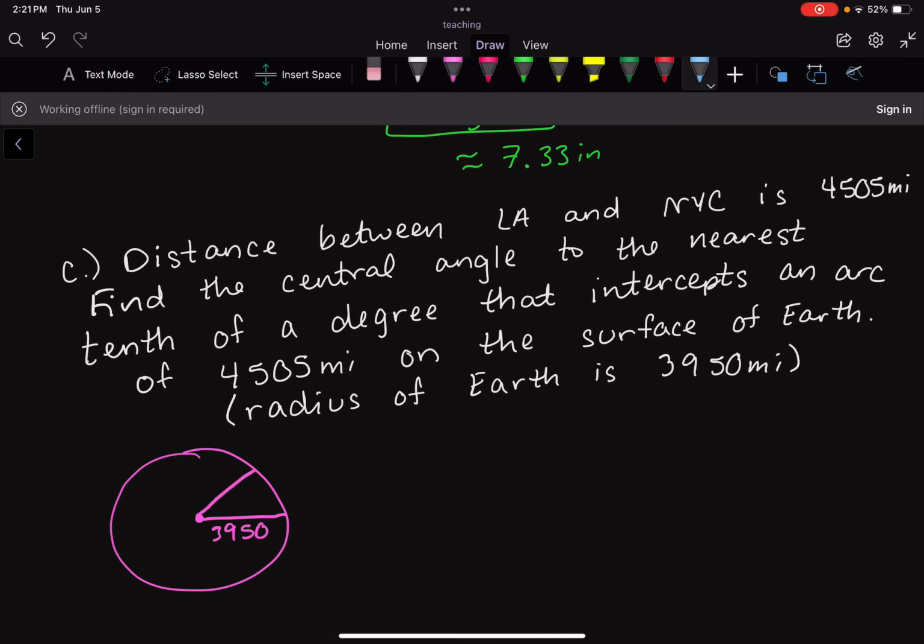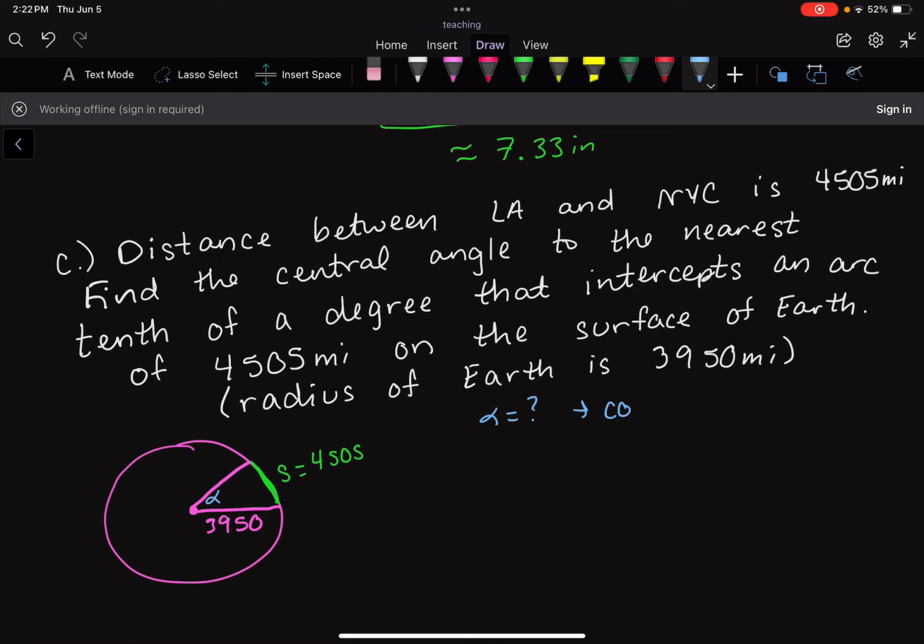I know that the length of my arc, so that's S, is 4,505. And so I'm looking for alpha, and then I'm going to have to convert to degrees, because it doesn't want alpha as radians, it wants it in degrees, so I am going to have to convert that. So I start with my formula.